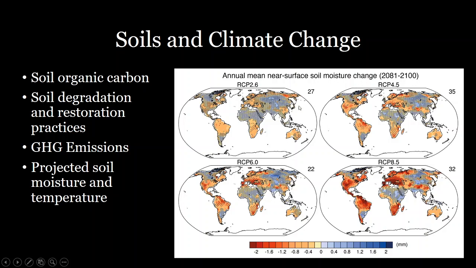Whereas as you get to higher and higher emission scenarios, up to the RCP 8.5, which is the business as usual scenario, you have very drastic decreases in soil moisture throughout Europe, South America, the United States, and South Africa. And so that would have tremendous impacts on soil fertility and crop yields.